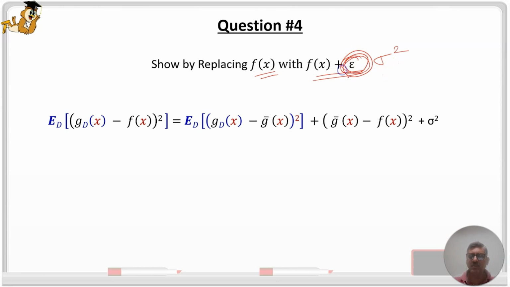Epsilon is a random variable that is independent of the other variables. Make those assumptions and actually show that this equation holds. We assumed this. I want you to actually go through this exercise. Not very hard. Okay, that's question 4.